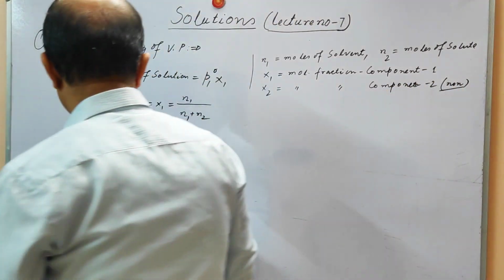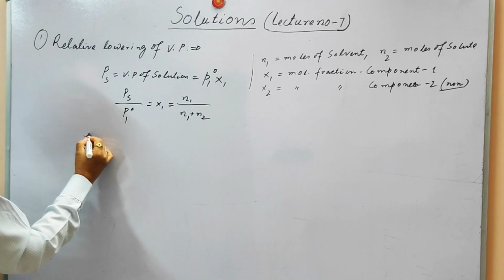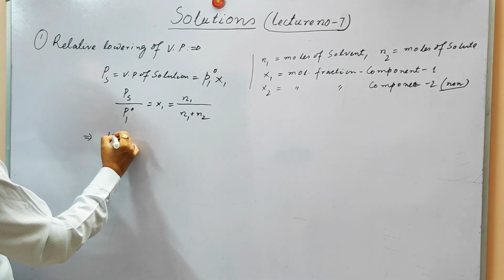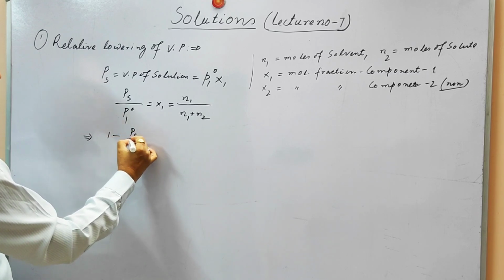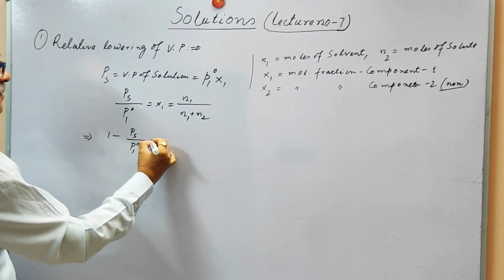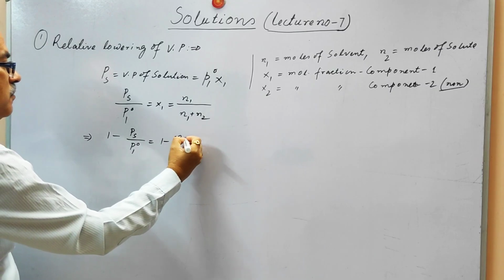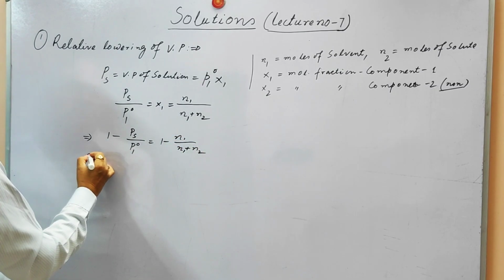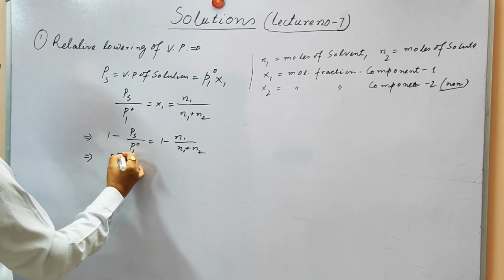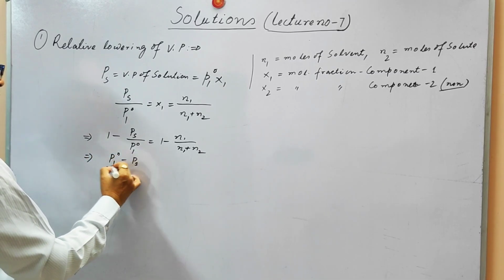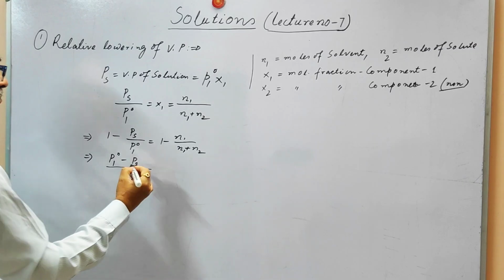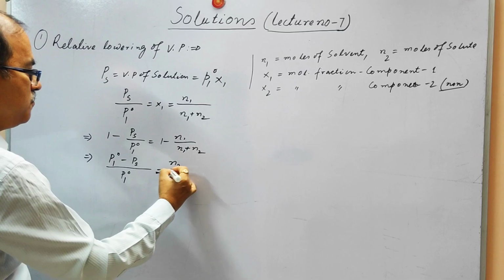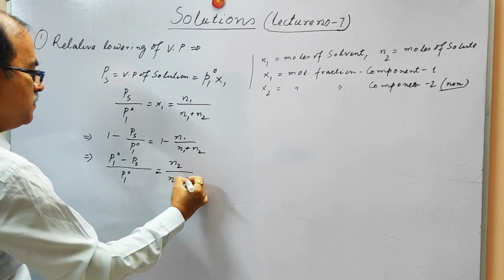Now we can further simplify this. We have to express this expression as the relative lowering of the vapor pressure, that is 1 minus PS by P10, that is 1 minus N1 by N1 plus N2, which is equal to P10 minus PS by P10, and that will be N2 by N1 plus N2.